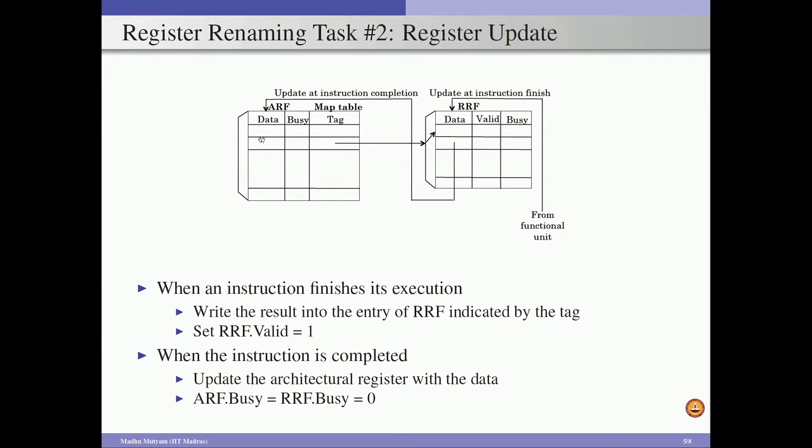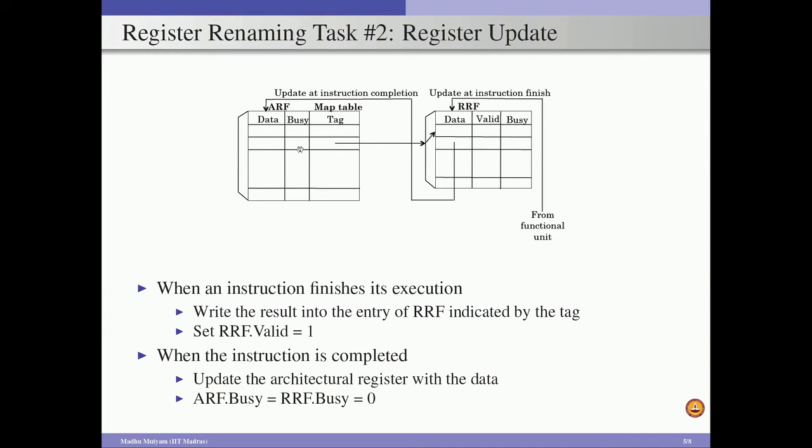And after we write the value to the ARF, this value is the valid value. So, from now onwards, any dependent instruction which wants to use the value stored in the architectural register has to get it from the ARF. Because once we write the data from the RRF to the ARF, this entry will no longer be valid, and our complete data will be there only in the ARF.